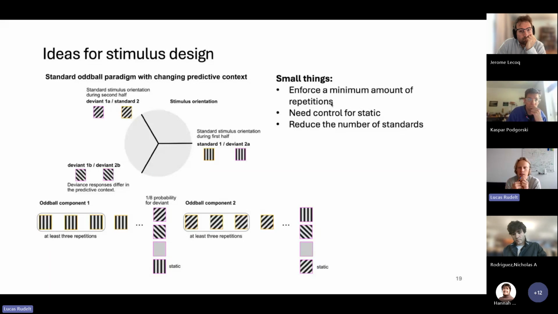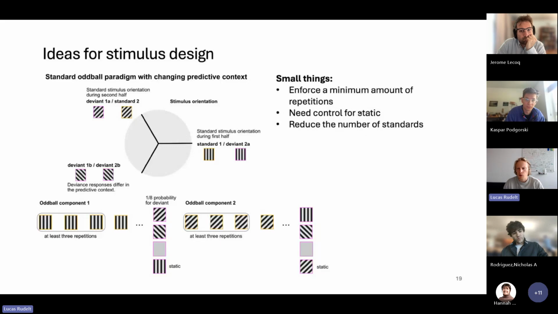I don't know if that's necessary. We would probably make the effect of a deviant stronger if we enforce a minimum amount of repetitions before the deviant is allowed to occur. It's also, I think, what Jordan does in his paper, to enforce at least 3 repetitions. It might be a small thing we could include.